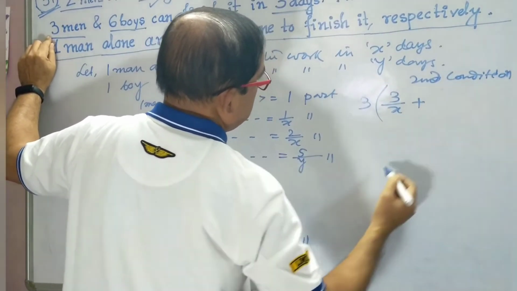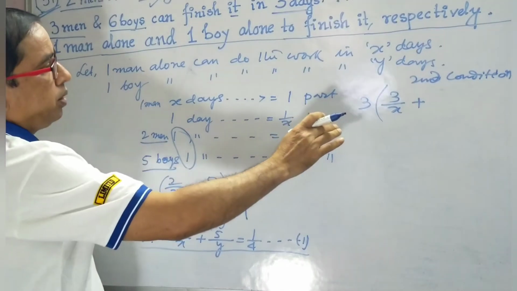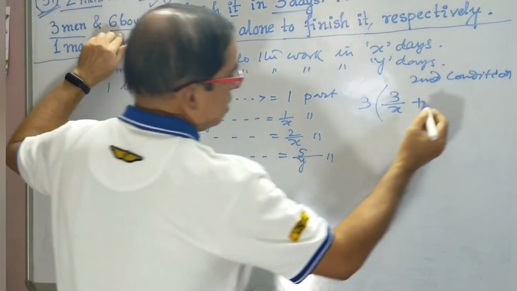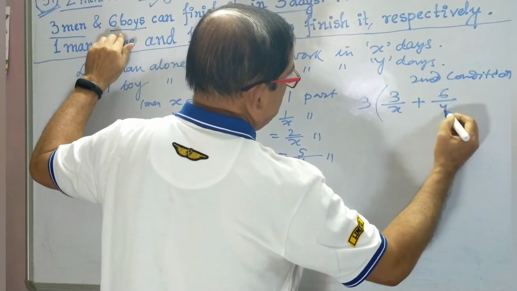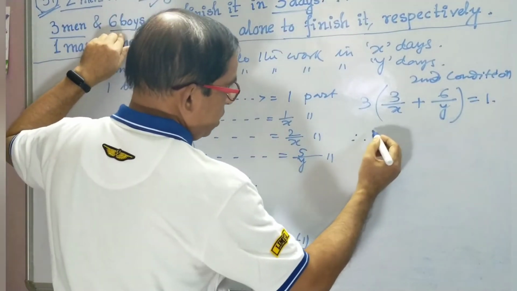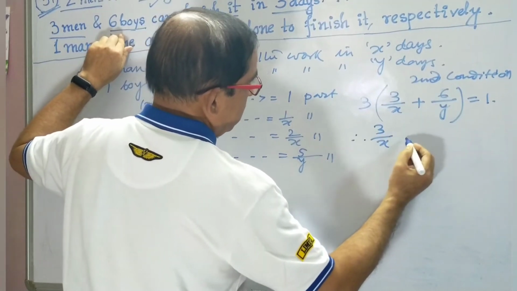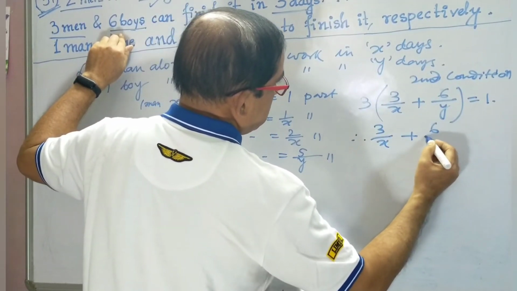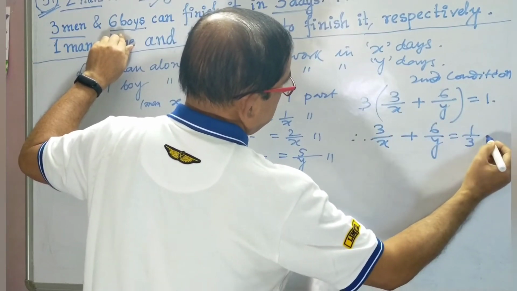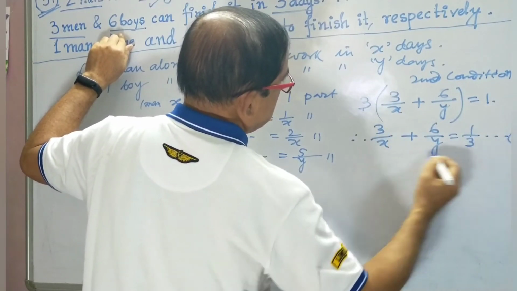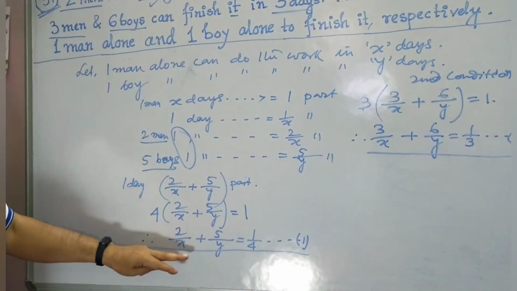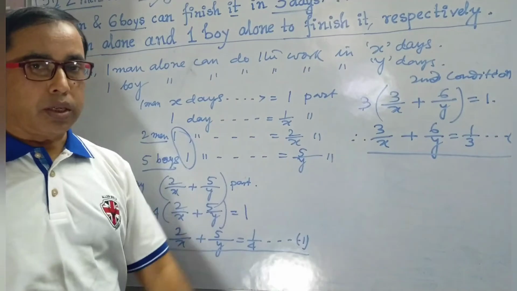According to the second condition, in the similar way, it will be 3 into (3 by X plus 6 boys, 6 by Y) equal to the whole part, means 1. So the second equation will be 3 by X plus 6 by Y equal to 1 by 3, when 3 goes that side. This is equation 2.